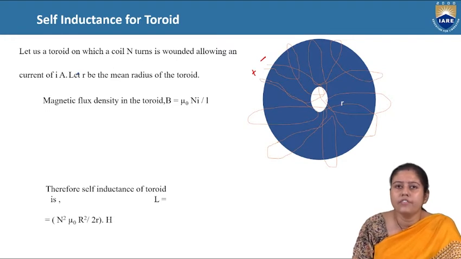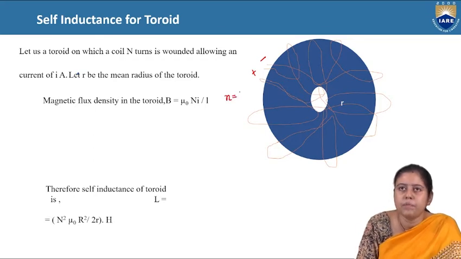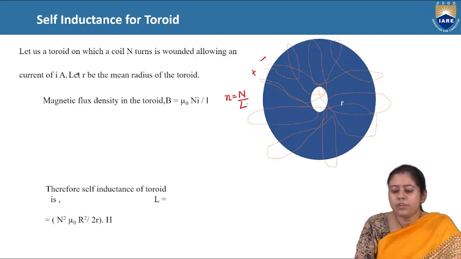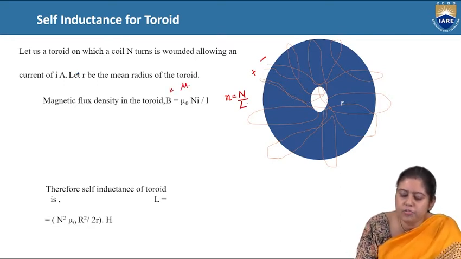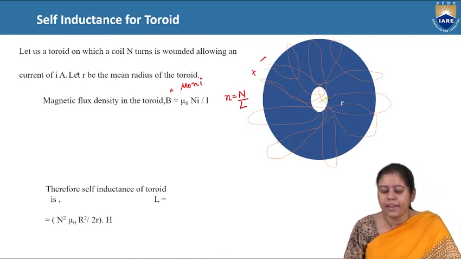The radius of the inner circle. So the magnetic flux, we know from before, B is equal to mu naught n I, where small n, the number of turns per meter, is equal to N by l. The actual formula of B is mu naught n into I, and we are substituting n by capital N by l.